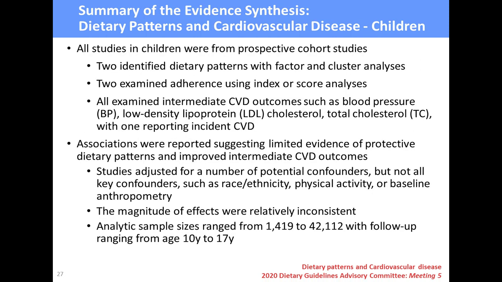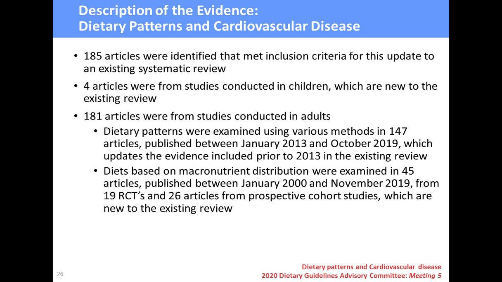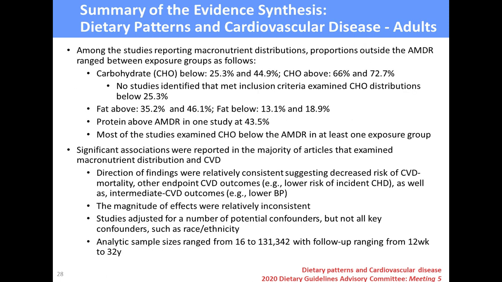The magnitude of effects were relatively inconsistent. Studies adjusted for a number of potential confounders, but not all key confounders such as race, ethnicity, physical activity, or baseline anthropometry. Analytical sample sizes ranged from 1,419 to 42,112, with the follow-up ranging from age 10 to 17 years.